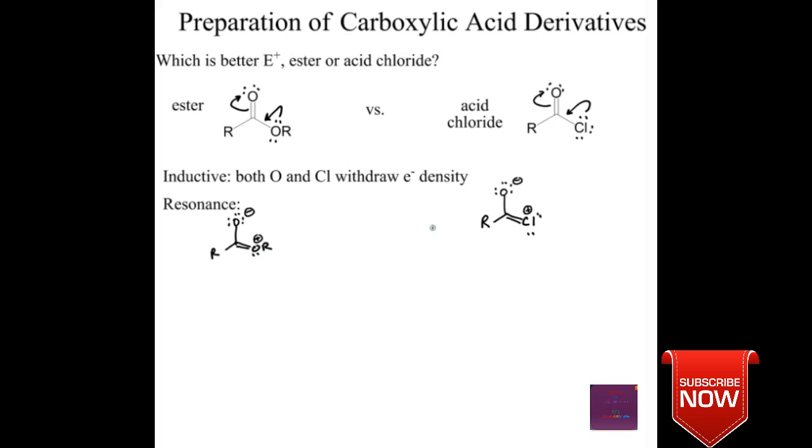Now we're looking at an O plus versus a Cl plus, and this is a little more like apples and oranges because we're not looking at a direct periodic trend here. The oxygen and chlorine are not in the same row, they're not in the same column. But there's something interesting about this chlorine. How often have you seen a chlorine involved in a double bond with carbon?